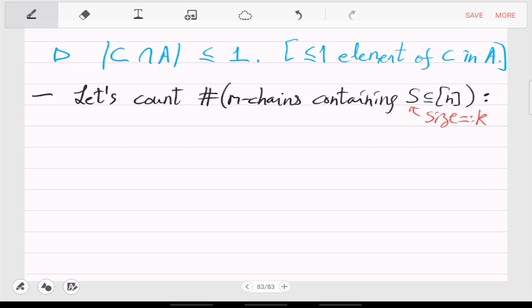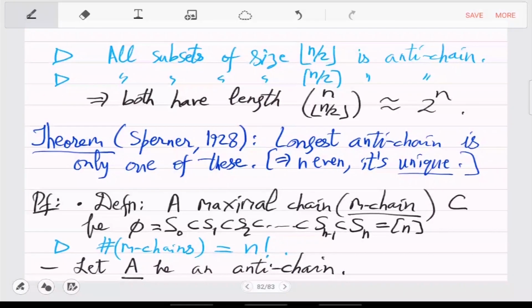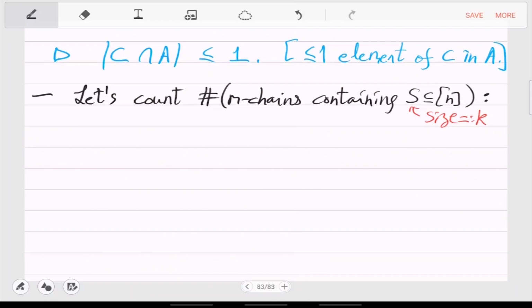So what we are saying is that one of these is S. The chain that we are interested in has S0 fixed, Sn fixed, and an S somewhere in the middle.